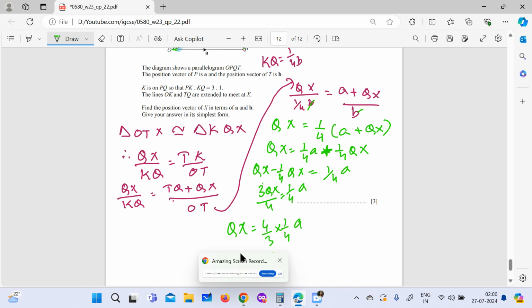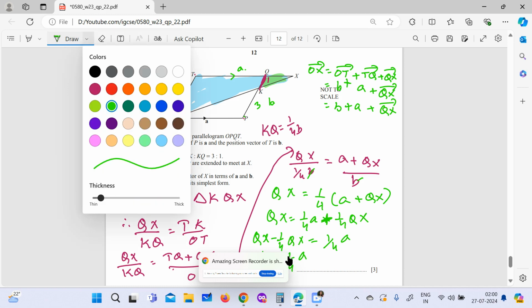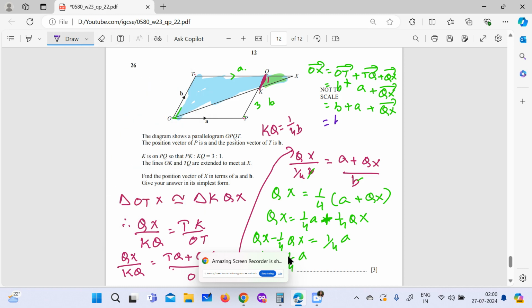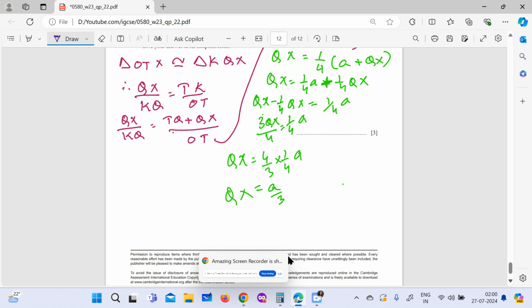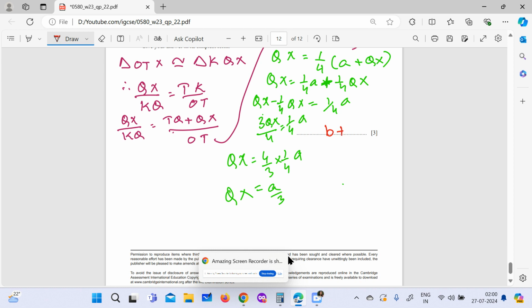Now we can substitute this here: we have B plus A over 3, and then you solve it, so you will get OX as B plus 4A over 3. So this is your answer, B plus 4A over 3.